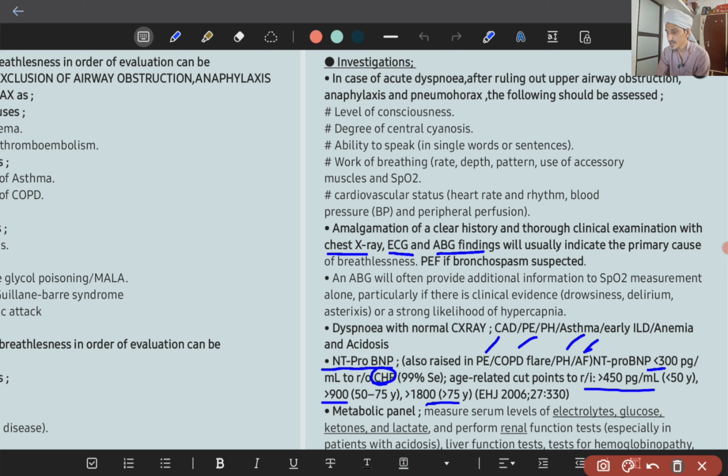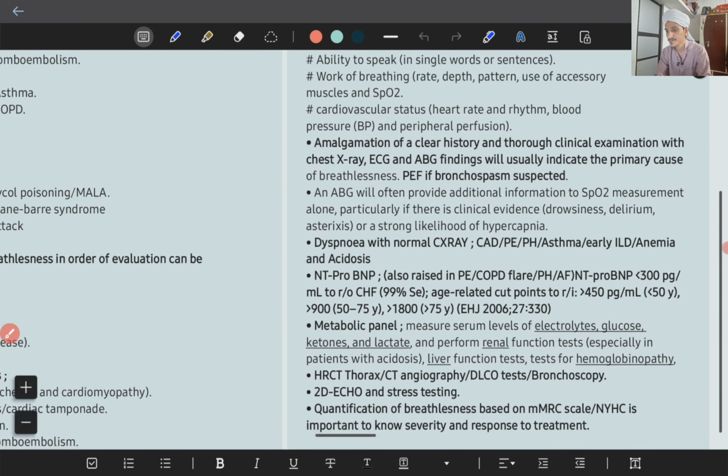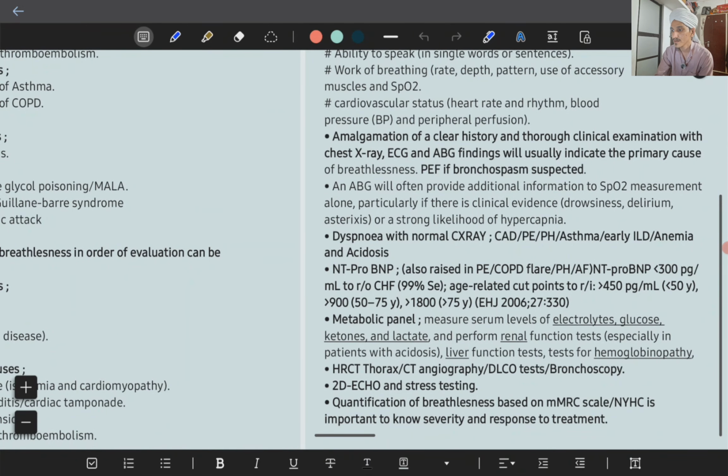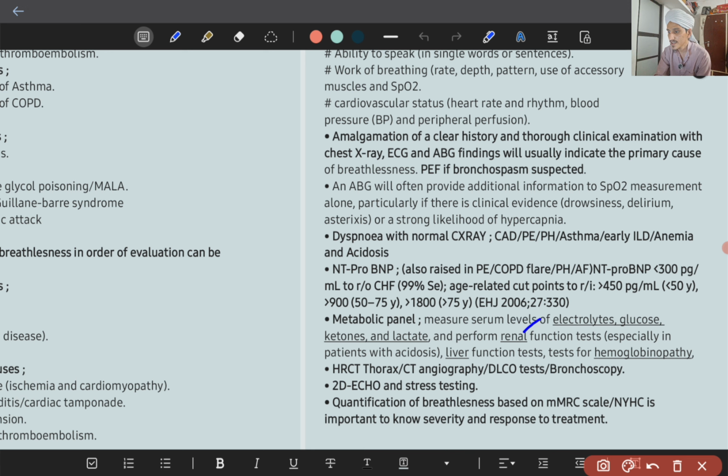Along with that, there are blood tests you should order. You will order RFT, LFT, electrolytes including calcium, magnesium, bicarbonate levels, glucose, ketones, lactate levels.